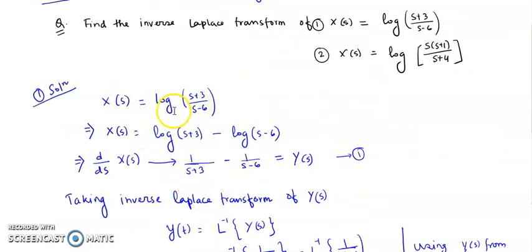In this way you can also do it for a function with three terms, where you will get something like log s plus log(s plus 1) minus log(s plus 4). These three terms will be there, so you can take the derivative and the inverse Laplace transform, and solve to find x(t). Okay, thank you.